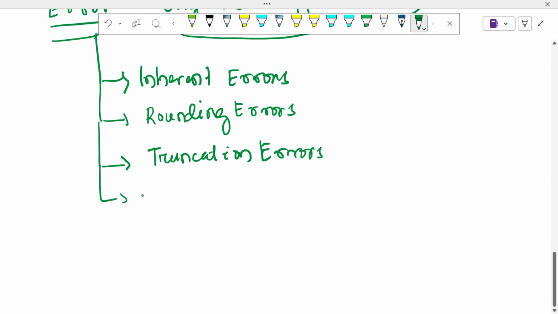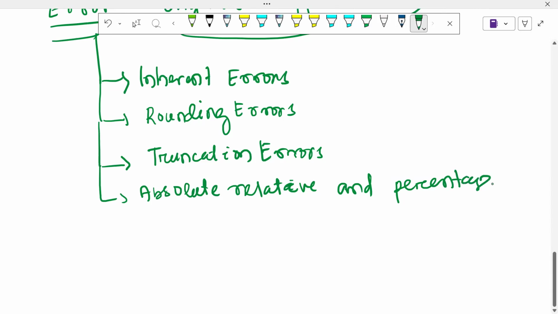So we have to discuss inherent errors, rounding errors, truncation error, and absolute, relative, and percentage error.